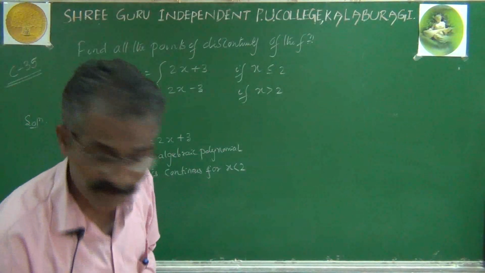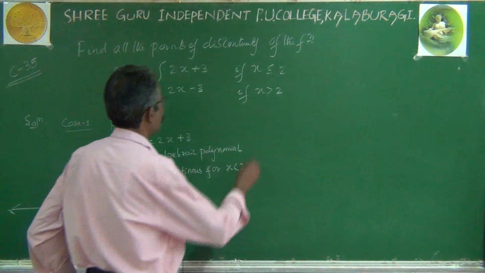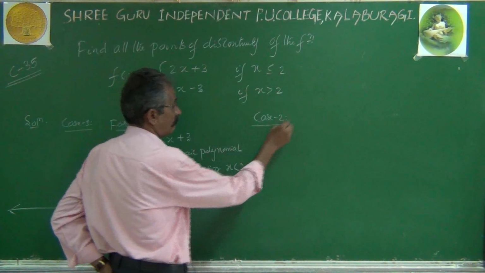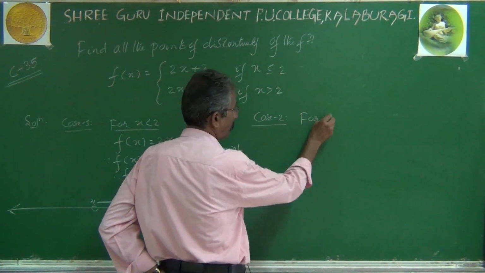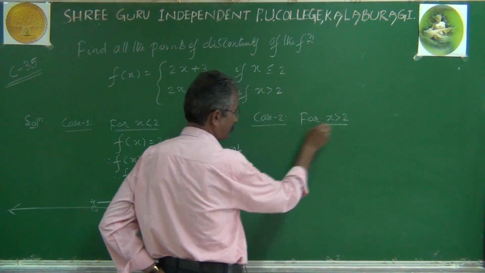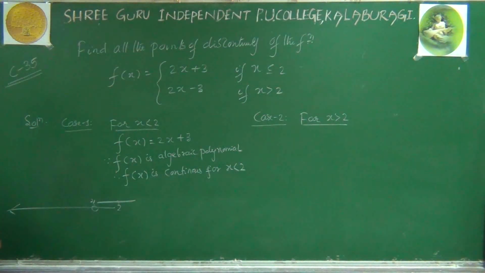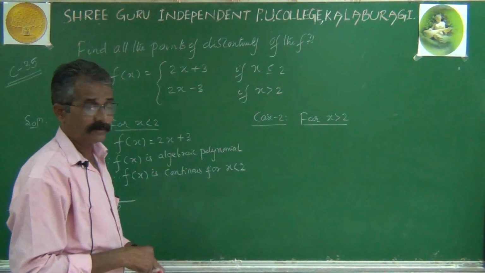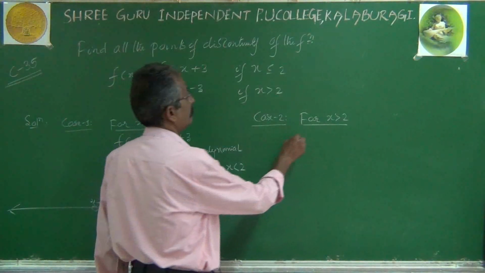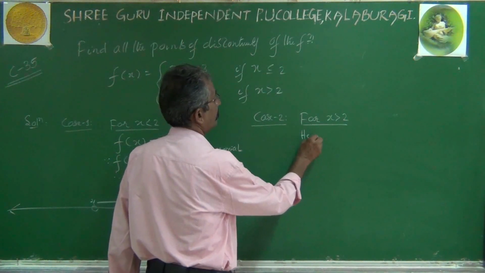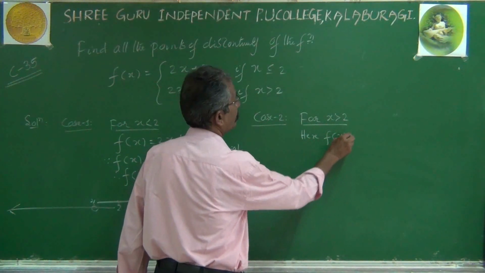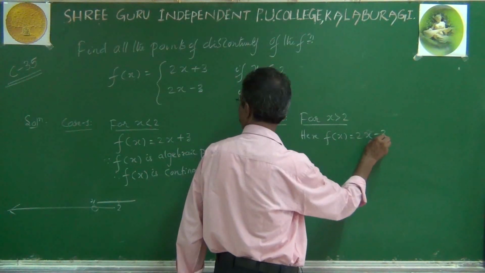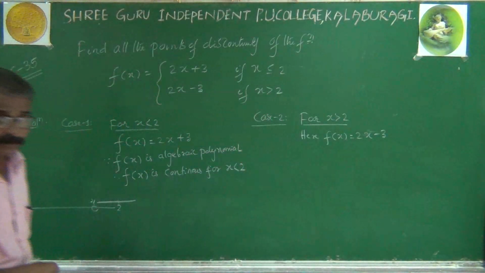Now similarly, case 2, for x greater than 2, whatever you can assess, that is left to your individual choice. So whenever x is greater than 2, what is the function? Here, f(x) equals 2x minus 3. But what is 2x minus 3?